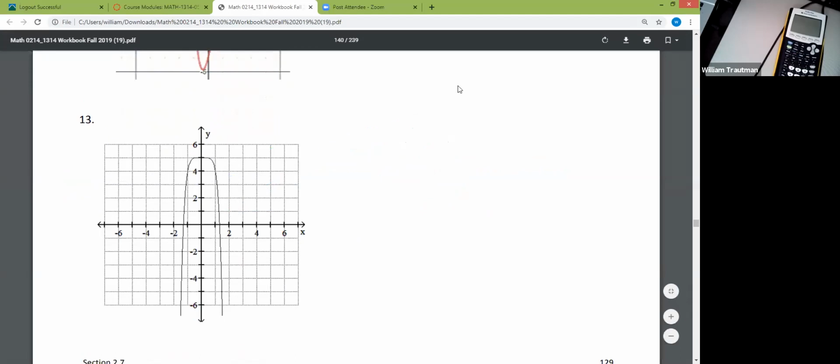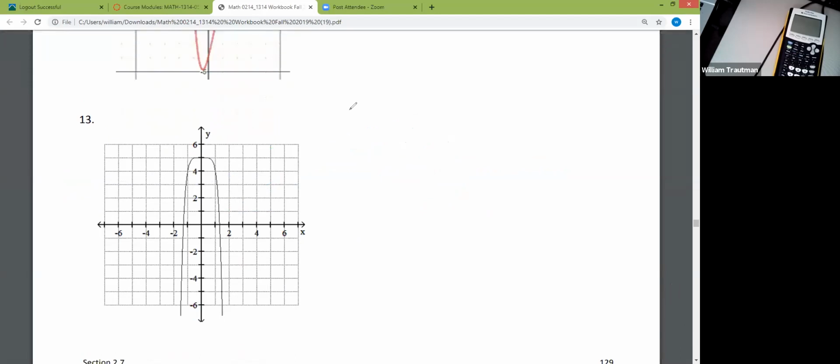What does symmetric mean? It says, let's see if it's symmetrical. What does symmetric mean? Symmetrical, yeah, same on both sides. Thank you, Alma.